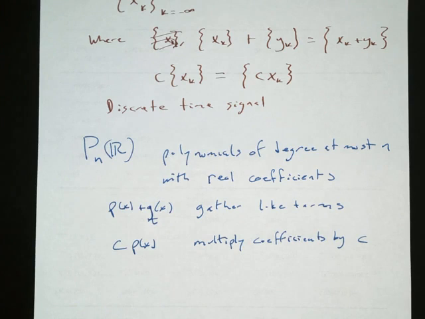That means the set of polynomials can be thought of as a vector space. Somehow that means there's a connection between quadratic equations, polynomials of degree at most 2, and arrows, 3-dimensional space.